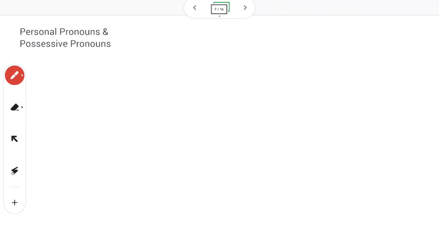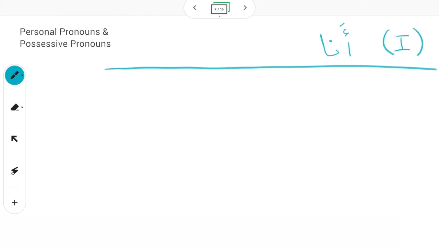Let's talk about personal pronouns and possessive pronouns. In this class, we covered several pronouns. Okay. And I'm going to list out the singular ones here. We covered the word ana, which is I. Like we say, ana ismi, I. That's first person.